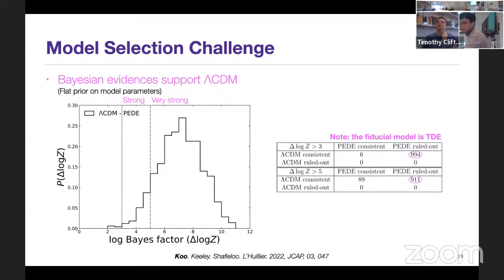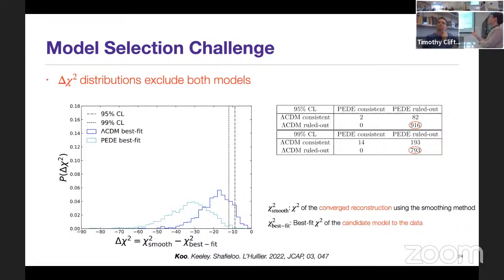Then I'll show you the result from the model selection using the distribution of delta chi-square, which is the improvement of chi-square by the iterative method. You can see that the distribution of delta chi-square from two different candidate models shows delta chi-square value lower than the confidence levels in most cases.